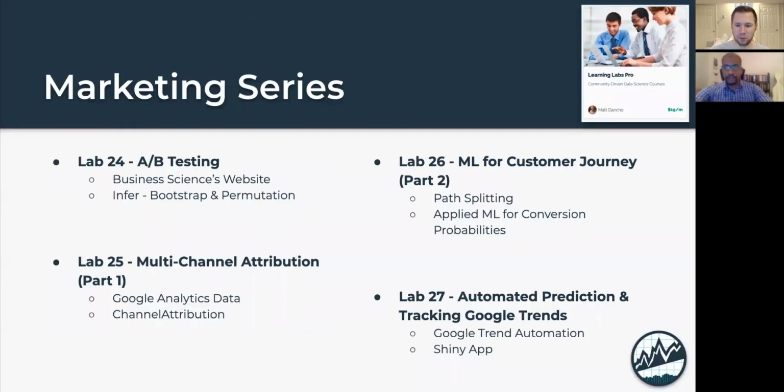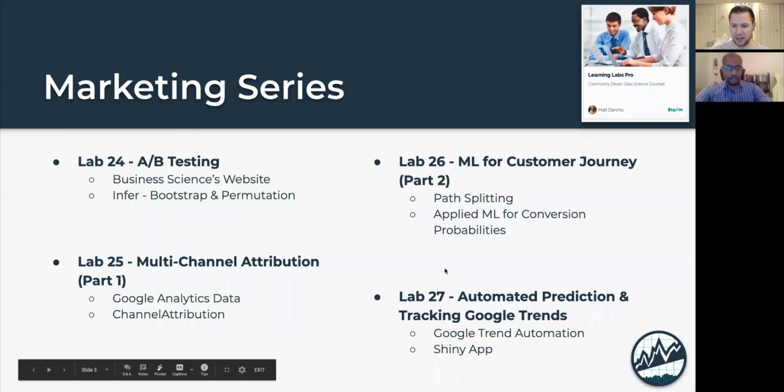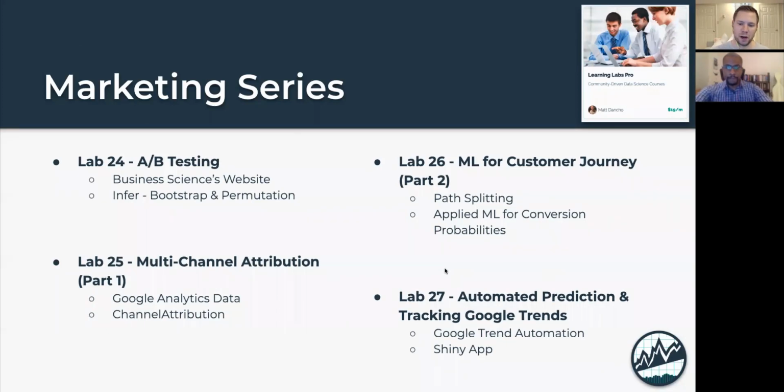This learning lab, we're now on lab 27, and this is automation. So we're going to be talking about automating Google Trends, but if you missed some of the previous labs, there's Learning Lab 26, which was machine learning for customer journey, talked about path splitting and how to analyze Google Analytics data, and also apply machine learning algorithms to be able to detect the customer journey.